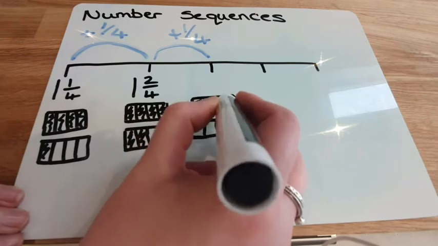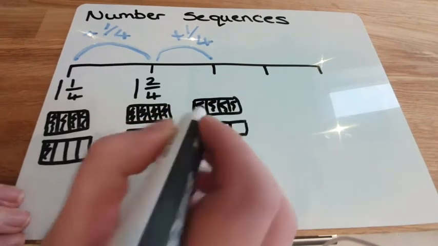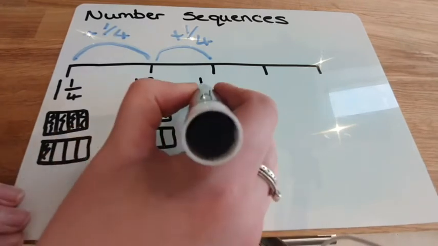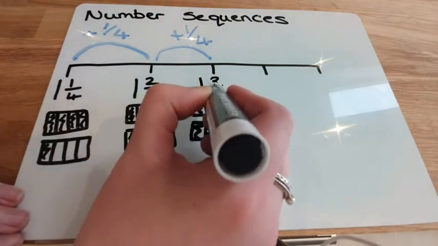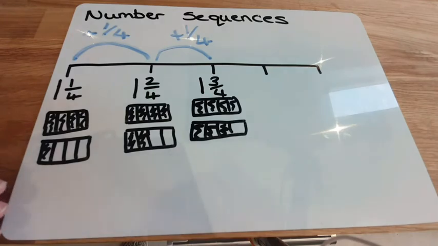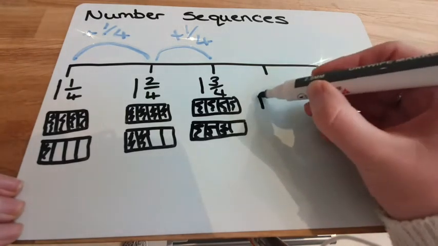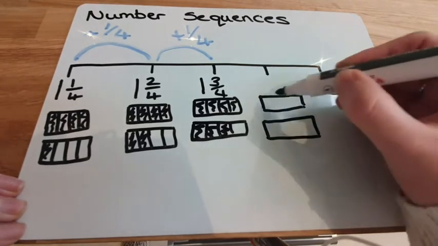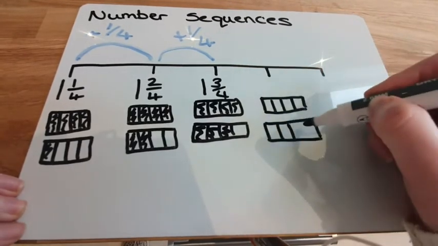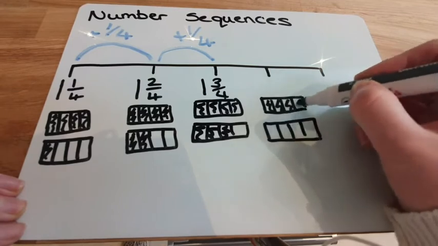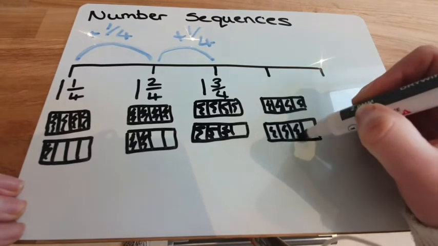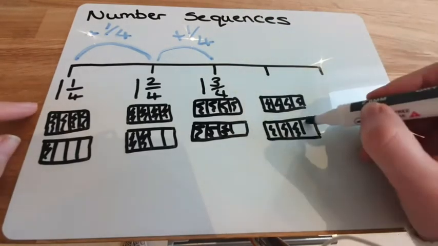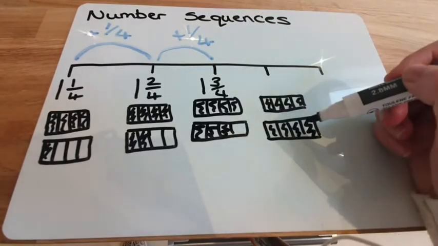So we've already got this many, and we're adding 1/4, so that will be 1 whole and 3/4. Okay, the next one. We've already got 1 3/4, and then we're going to add another quarter, which will mean we've got 1 4/4.